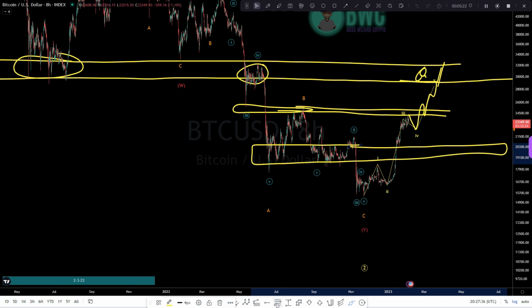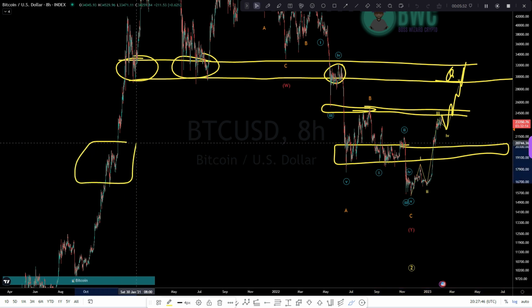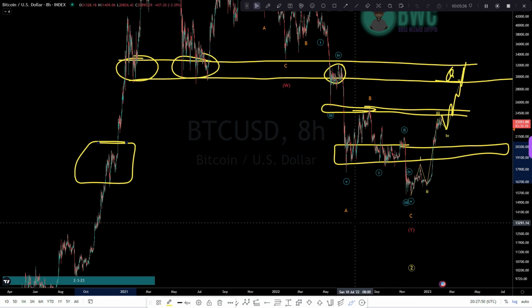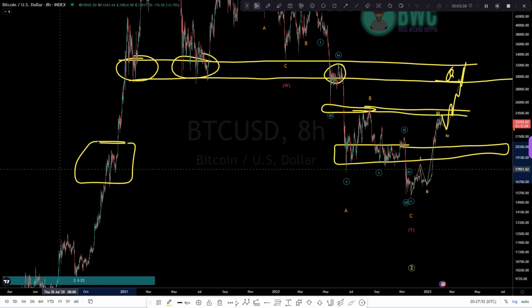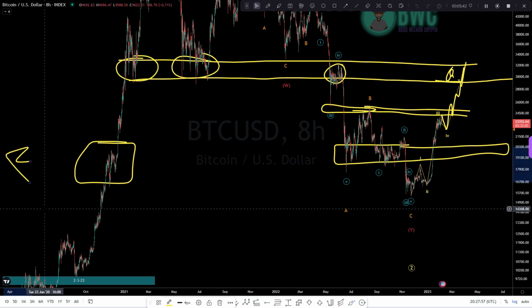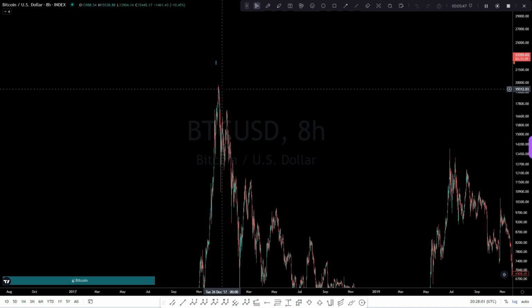This is all probability right now. We don't know. We haven't seen future price action. But in all probability, this range here, going back to over here too, is where, and I believe also, and then you have the previous all-time high over here.